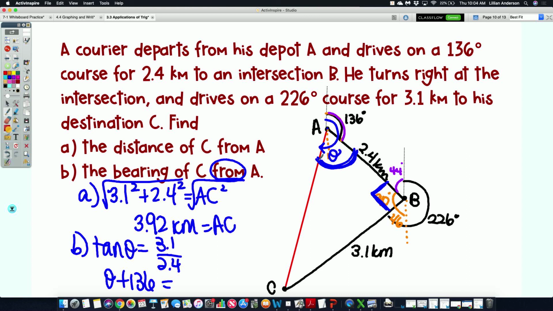So then you add that to 136 and you get 188. 188 degrees.